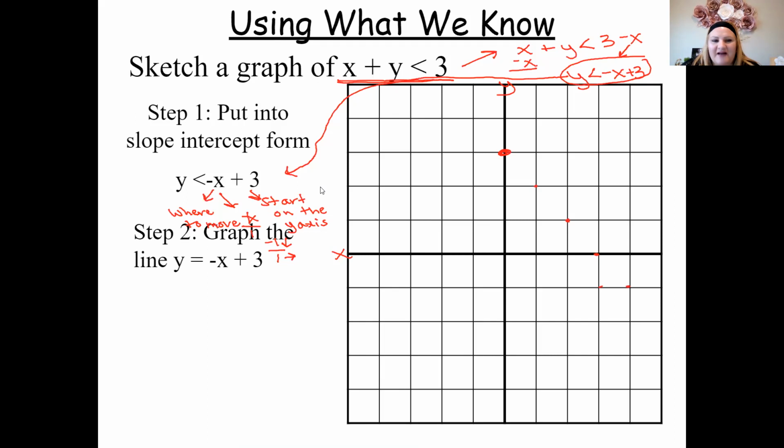And so we're going to graph that. As you can see, this represents my line right here. I'm going to draw over it because this should be a dashed line. It should not be a solid line because it doesn't have a line underneath it. So this means dashed.